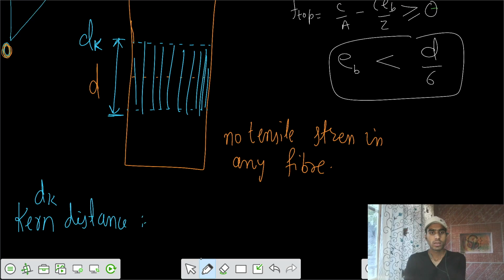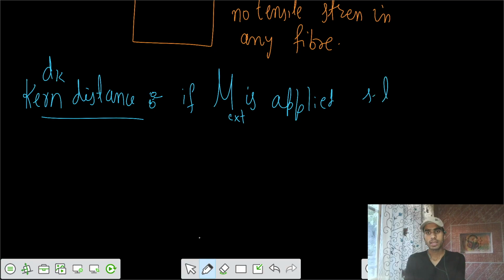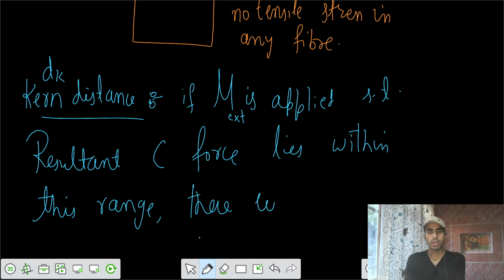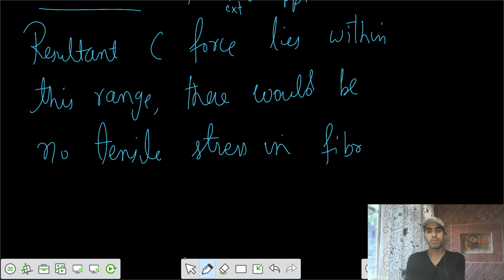If an external moment is applied such that the resultant C force lies within this range, there would be no tensile stress anywhere, no tensile stresses in any fiber of the cross section.